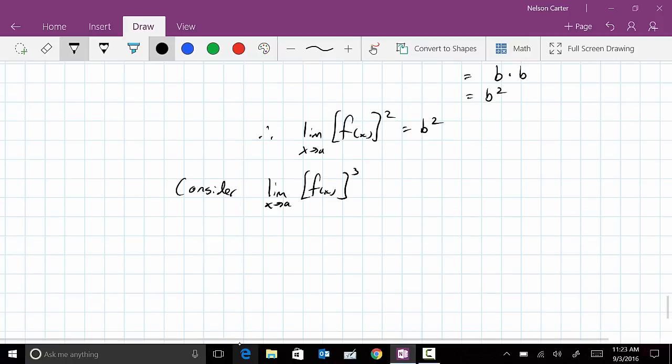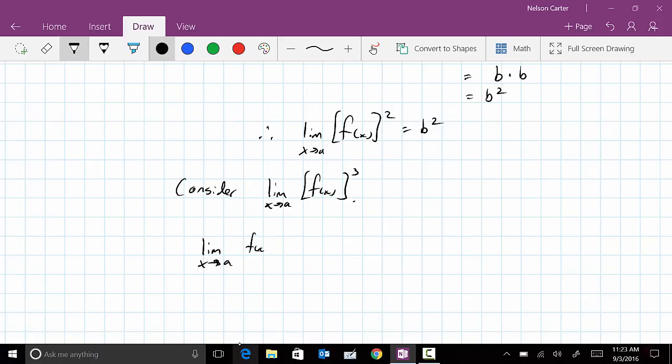Well, if we consider this, the limit as x approaches a of f of x all cubed would equal the limit as x approaches a of f of x times f of x times f of x.